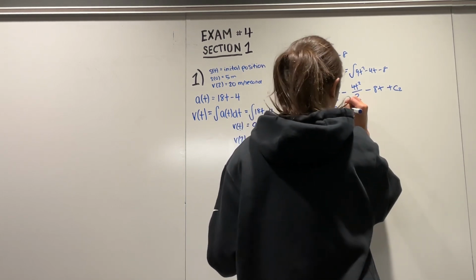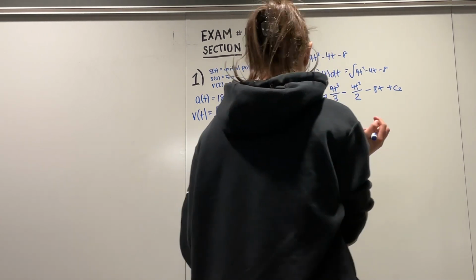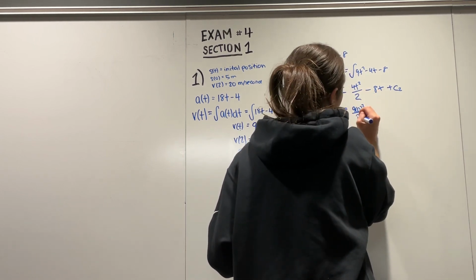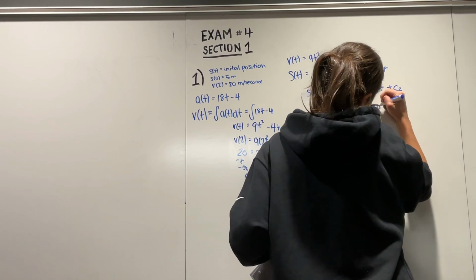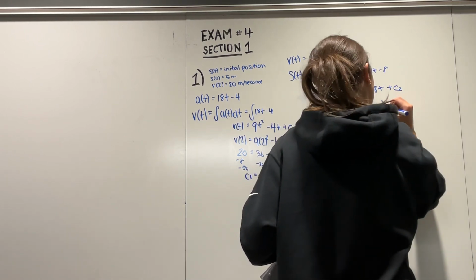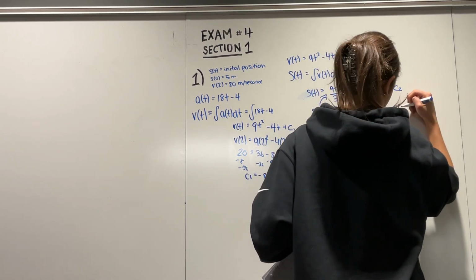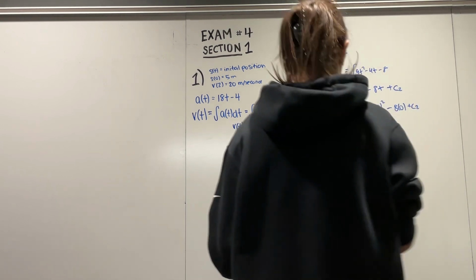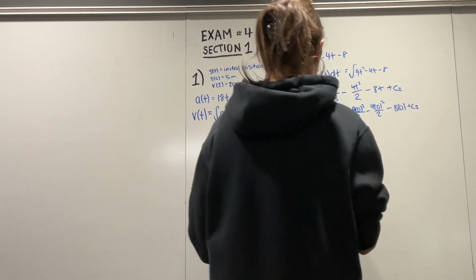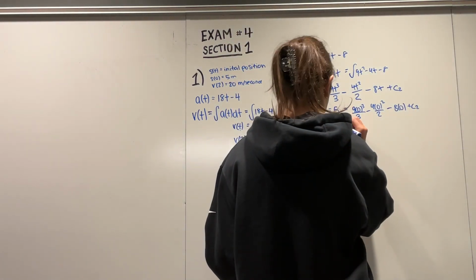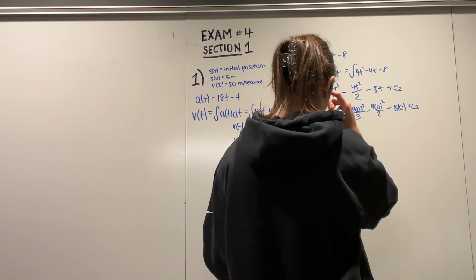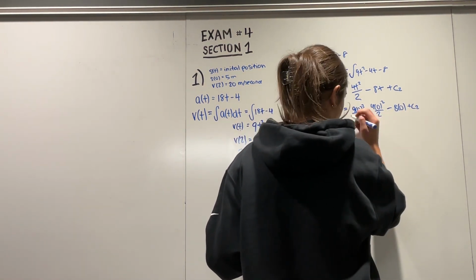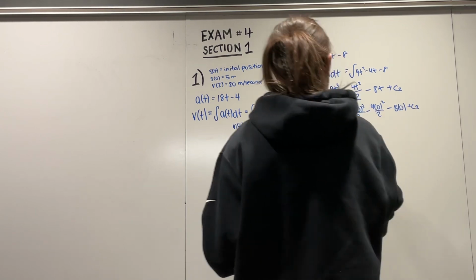So we're going to have 5 equals 9 times 0 cubed over 3 minus 4 times 0 squared over 2 minus 8 times 0 plus c2. And then this will end up being 5 is equal to c2, because all of these will just go to 0. So c2 is 5.